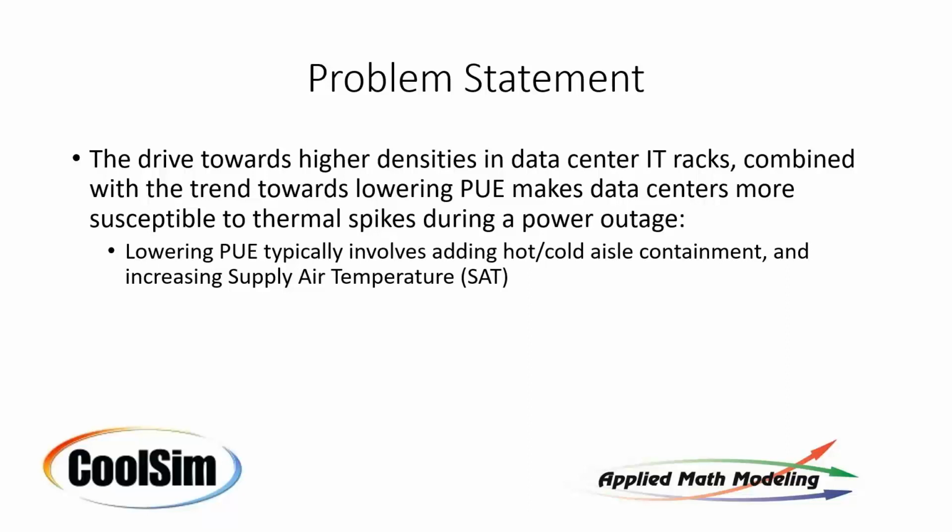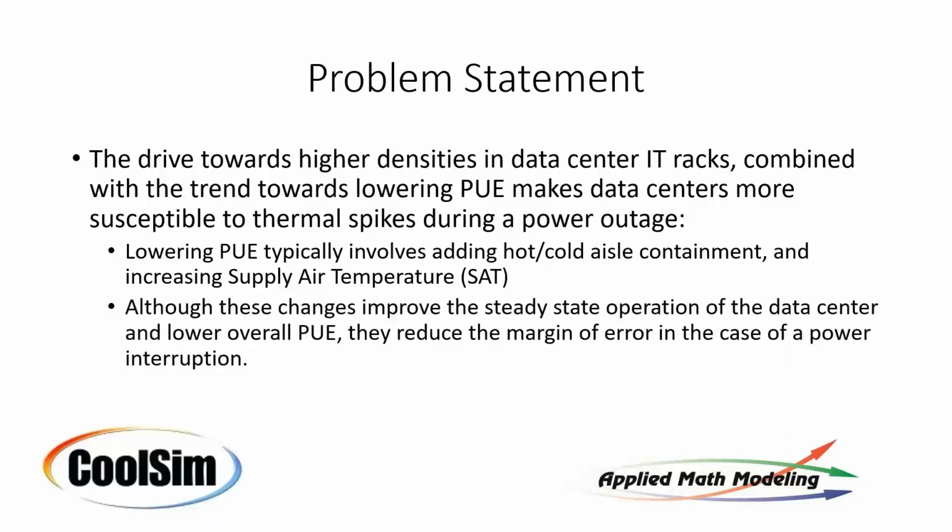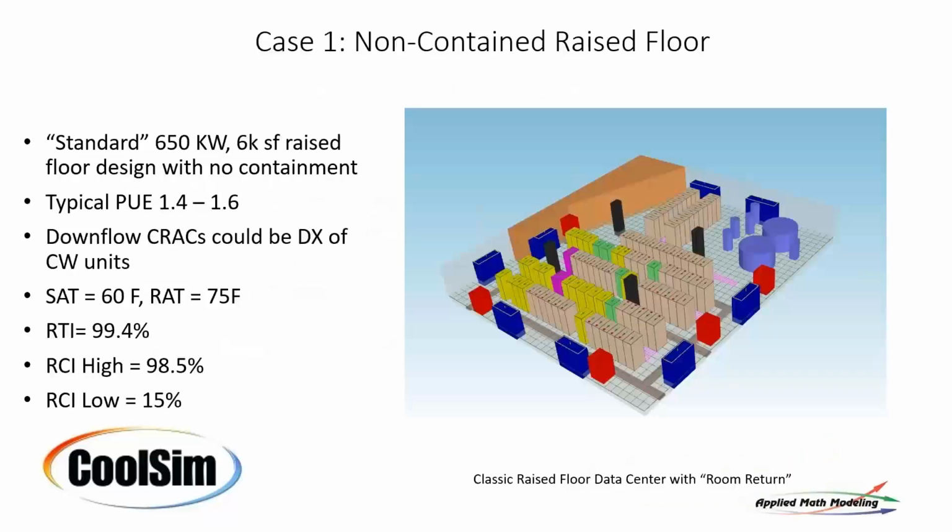I know that some providers' goal is to get that number down as close as they can to 1, 1.1, things like that. To do that, you're going to be driving inlet temps up and supply air to only what is required by the racks. They do help in the steady state operation and do lower overall PUE, but they reduce the margin of error in case of a power interruption, like the one I may face today.